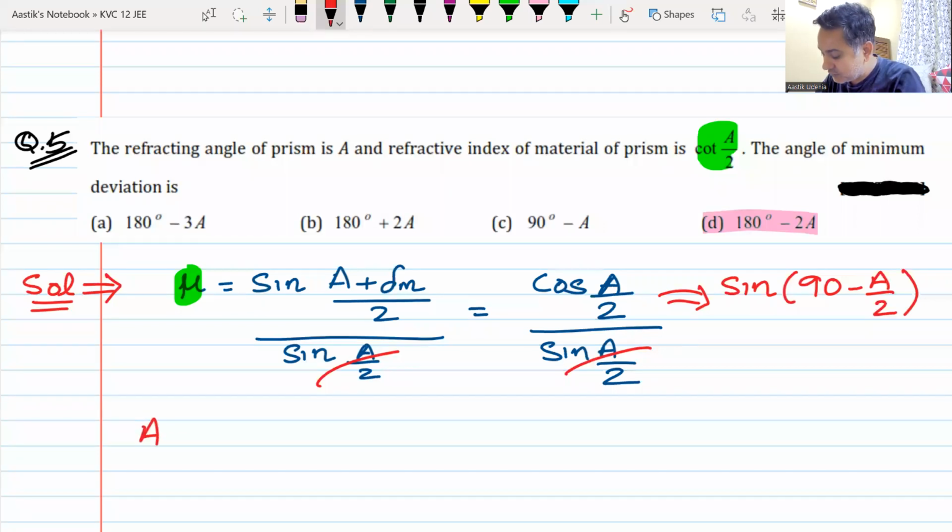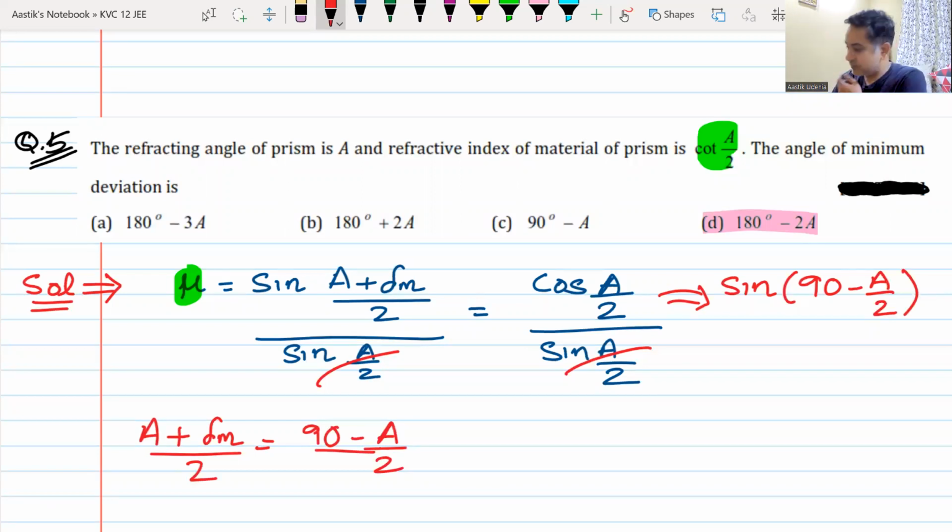So what you get? A plus delta m by 2 will be equal to 90 minus A by 2. Oh, sorry. I have written it wrongly. 90 minus A by 2. From here, you should be able to find out the minimum deviation.